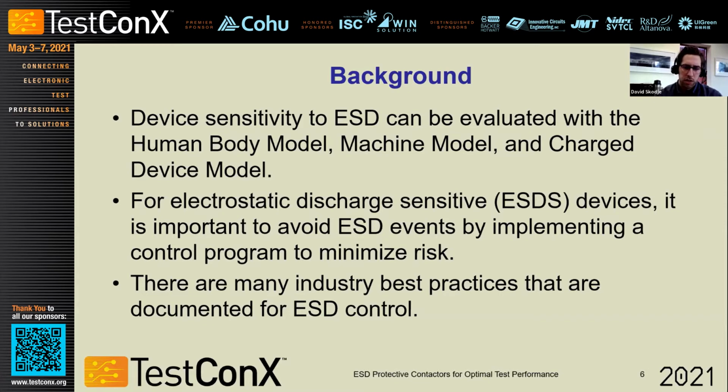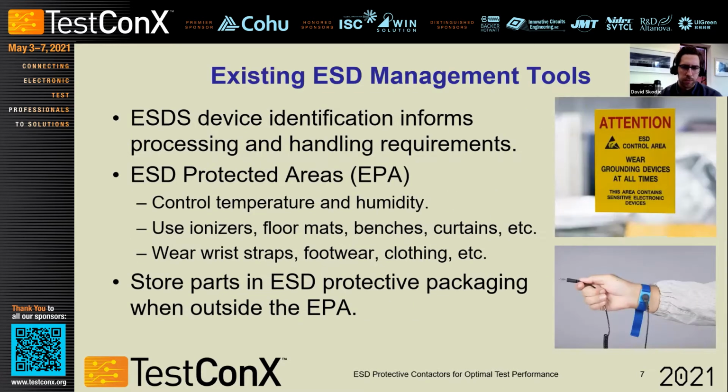And the lower the withstand voltage, the more sensitive the device is, and the more controls are needed to guarantee mitigation of ESD events. Next, I'll share some examples of some existing controls. So with the sensitivity known, processing and handling requirements can be defined.